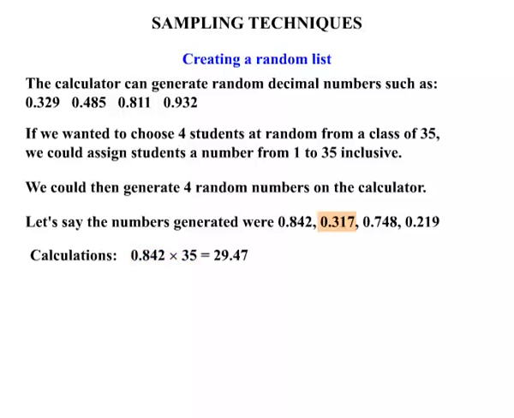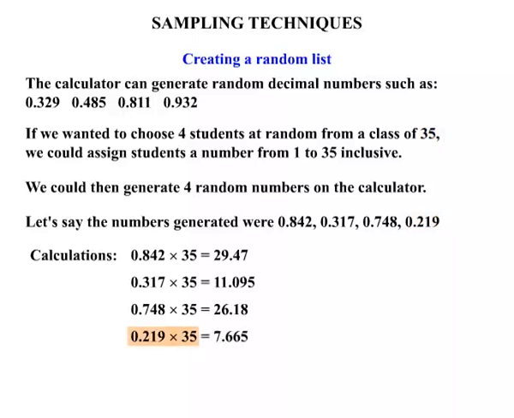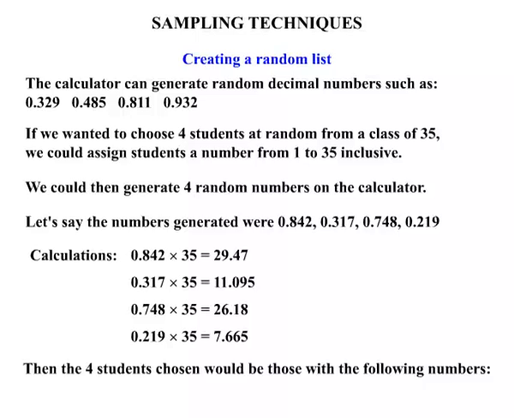The 0.317, again multiplying with 35, comes up with 11.095. Our third random number was 0.748. Let's multiply by 35 and we get 26.18. Our fourth random number, multiplying by the 35 there, gives an answer of 7.665.